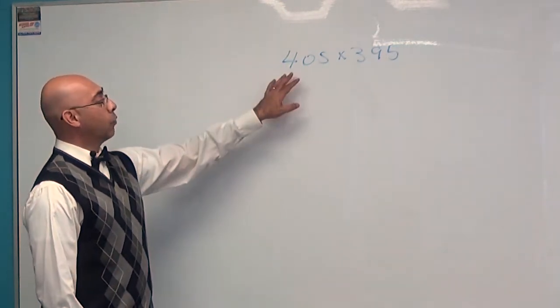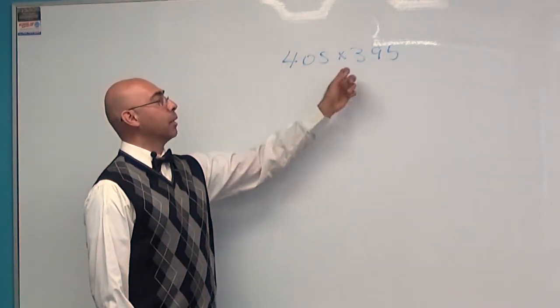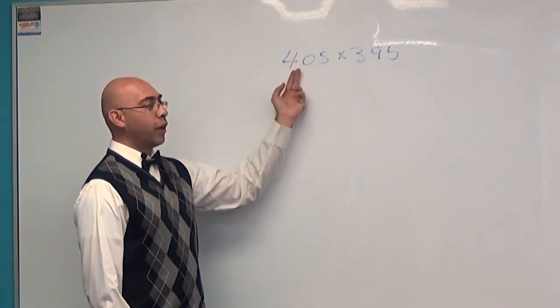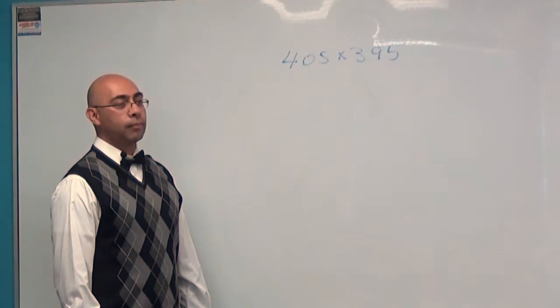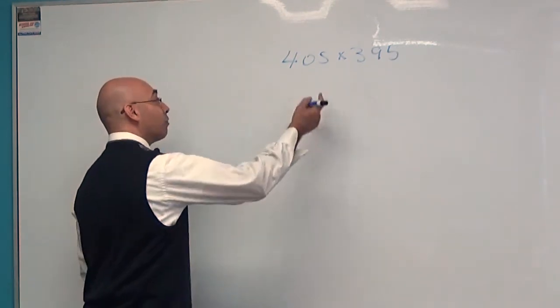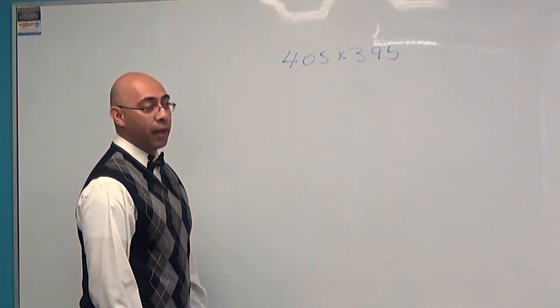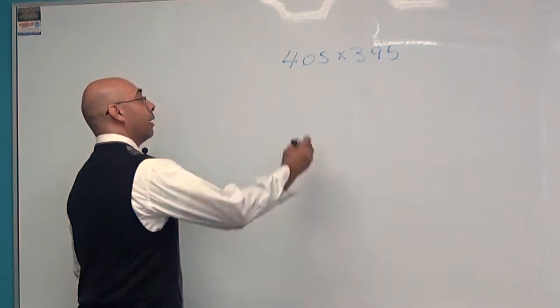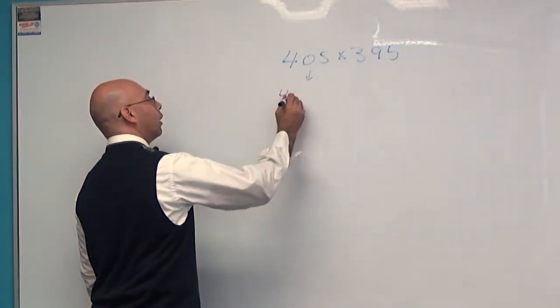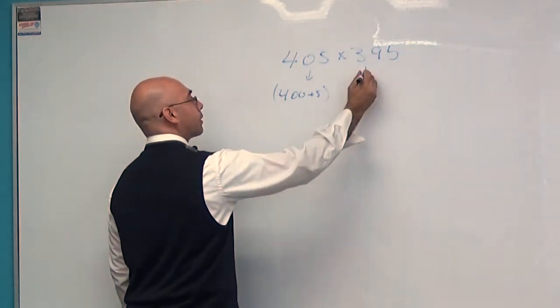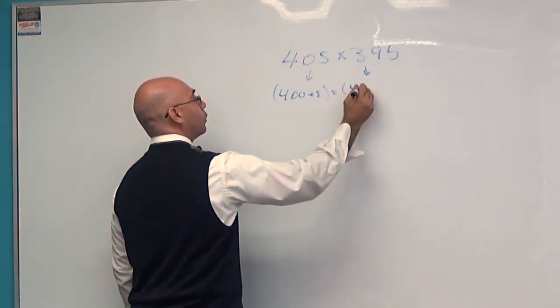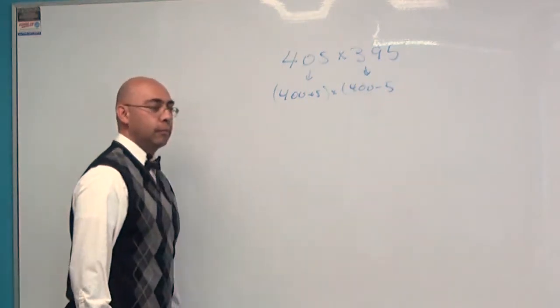What do you think is the middle number between 405 and 395? That's around 400. So what you could do is, instead of multiplying 405 times 395, use one of those properties. Think of this. This is like saying 400 plus 5. This guy's like saying 400 minus 5.